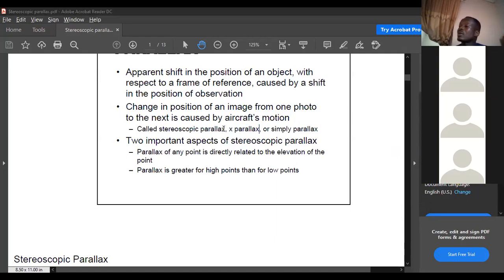So that is what stereoscopic parallax is all about. The X parallax is what we want to look at, and we are not interested in the Y parallax, which is an error. So, two important aspects of stereoscopic parallax.